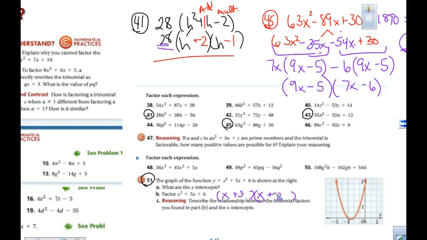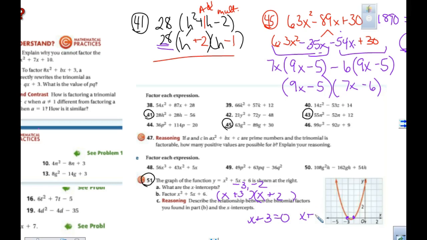And the first question, what are the x-intercepts? X-intercepts is where it crosses the x-axis. Where are they? -3 and -2. And it says describe the relationship with this. Well, if you put x plus 3 equal to 0, and this is where we go with the next unit. This is a graph of a quadratic.